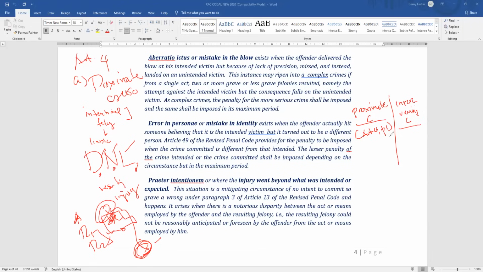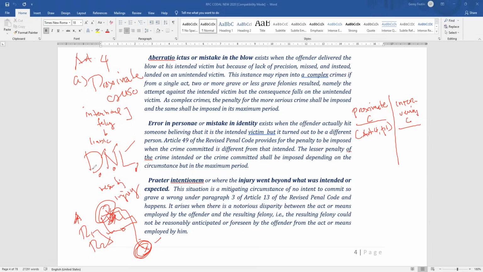Ang tanong, is a person liable for all the consequences of his unlawful act? Does the person who commit an intentional felony liable for all the consequences of his act?